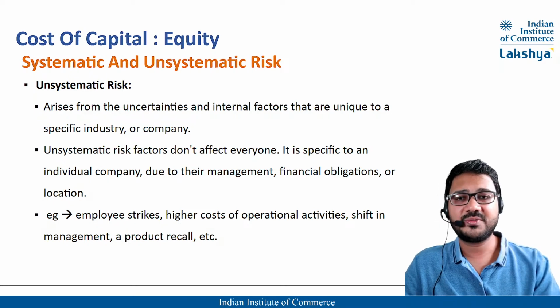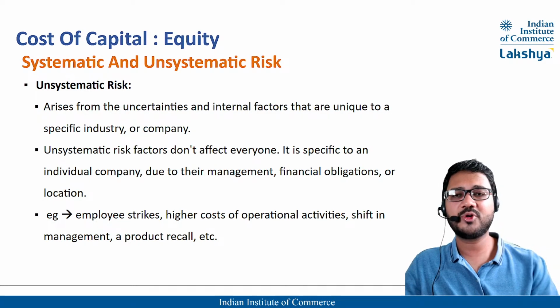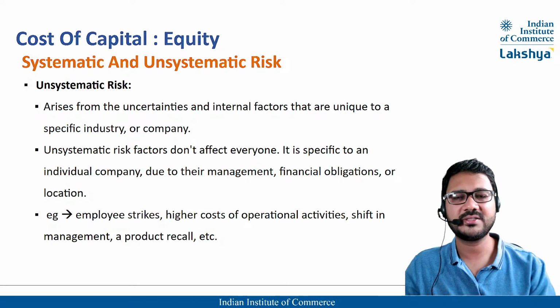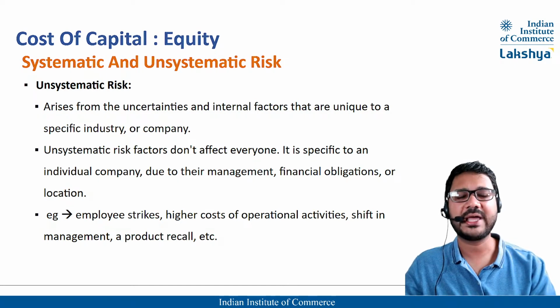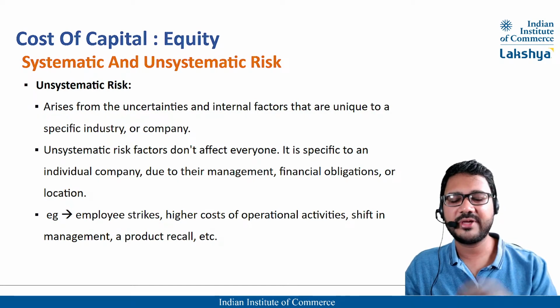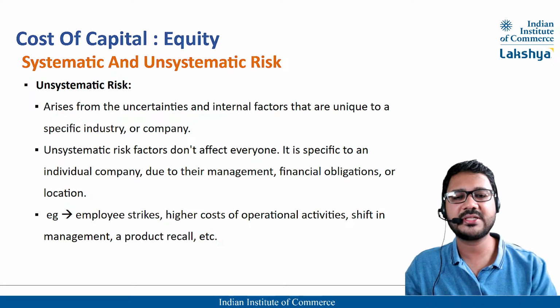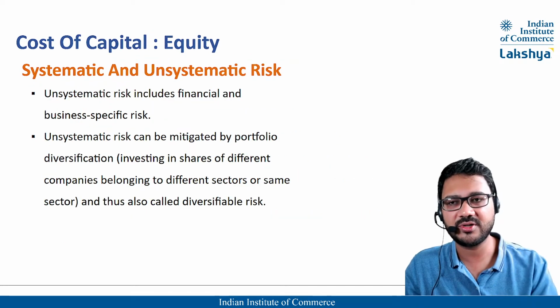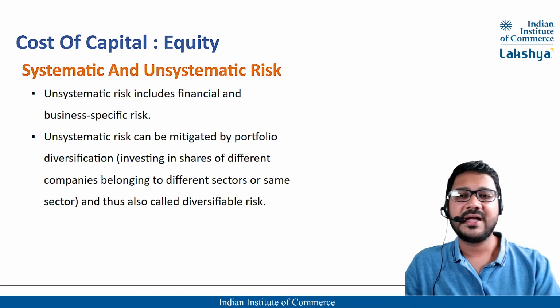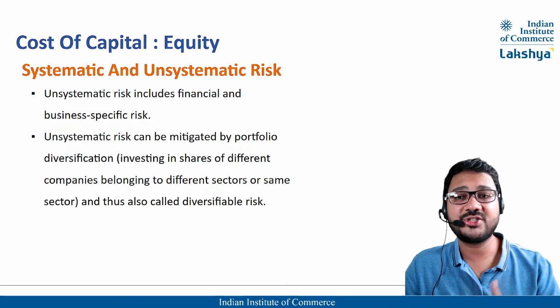Or say one of the top board members is alleged to have done some wrongdoing, so that stock is going to have a beating. Examples of it are employee strikes, higher cost of operational activity, shift in management, product recall, all of which we discussed. Unsystematic risk includes financial as well as business specific risk.